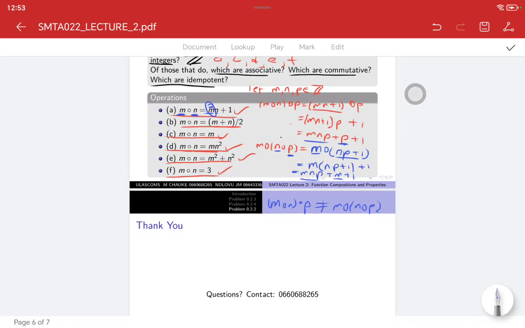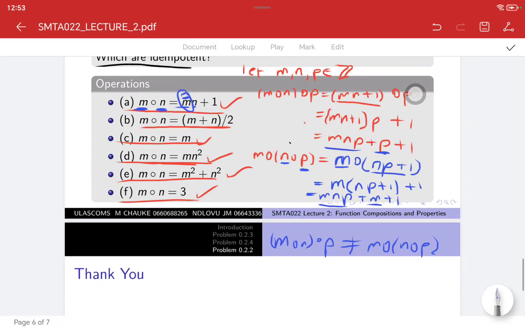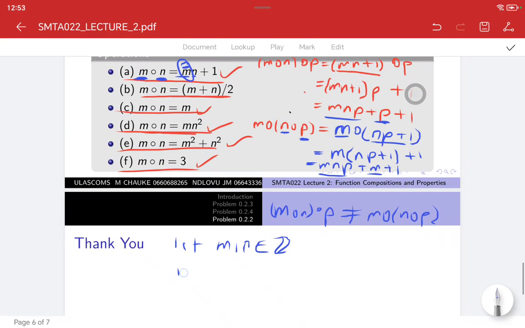So now let's check commutativity. For commutativity, we're going to let M, N be elements of the integers. Then we have M O N. Here we must show that M O N is equal to N O M. Again, we are commuting. I remember how we defined commutativity from the beginning, right?